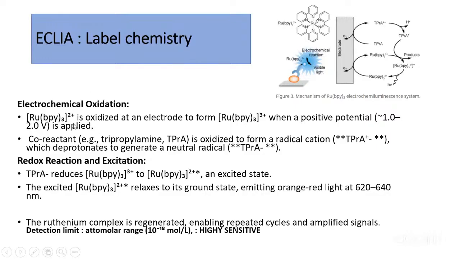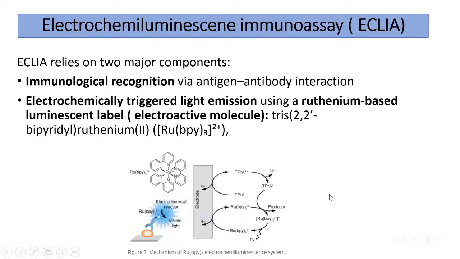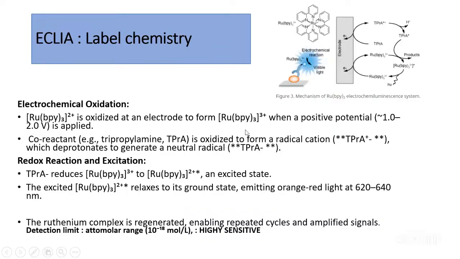Electrochemical, that means the ruthenium will be oxidized by an electron to tris bipyridine ruthenium 3 when a positive potential of voltage is applied. And a co-reactant molecule like tripropylamine is also required.